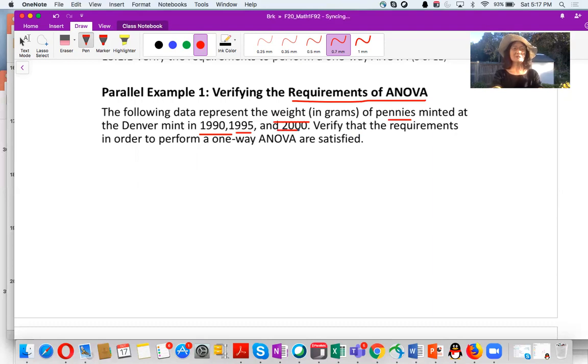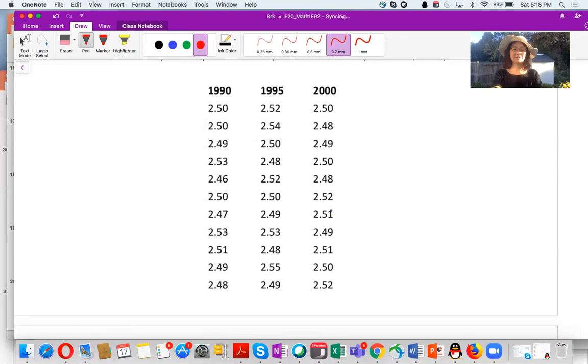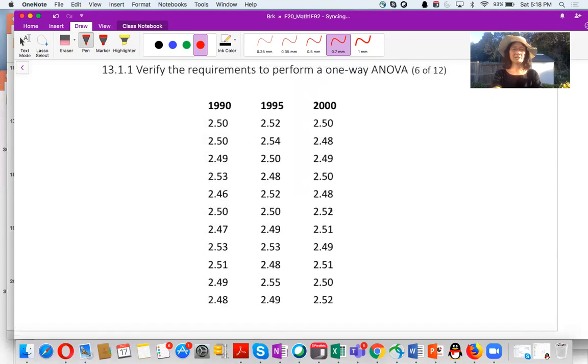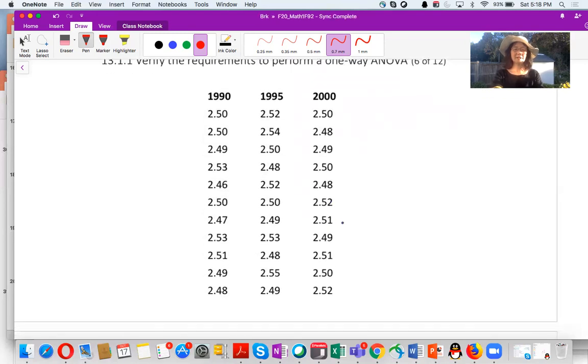Verify the requirements in order to perform a one-way ANOVA test. This example is only to verify the requirements. In the next example, we will conduct the ANOVA test. So this is the data, the 3-year data.